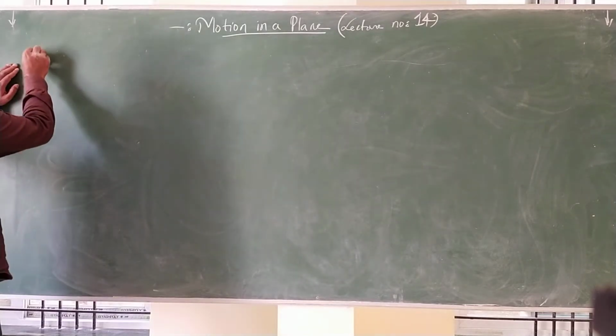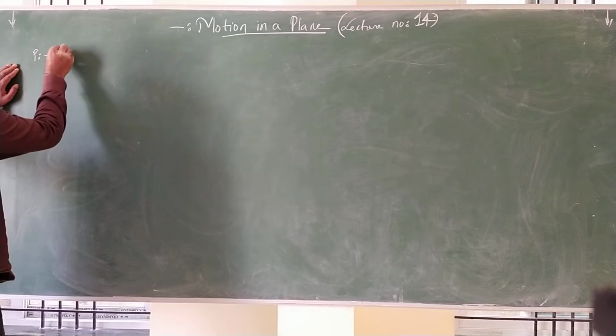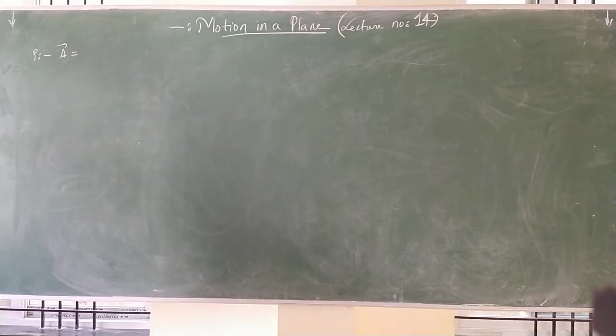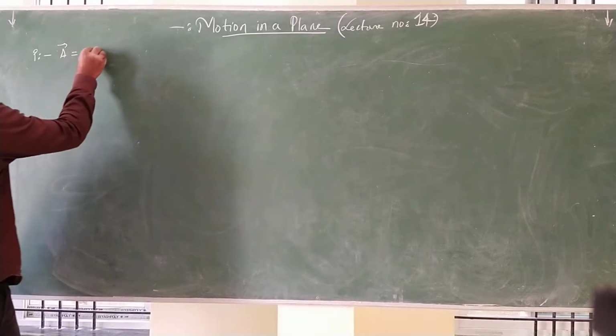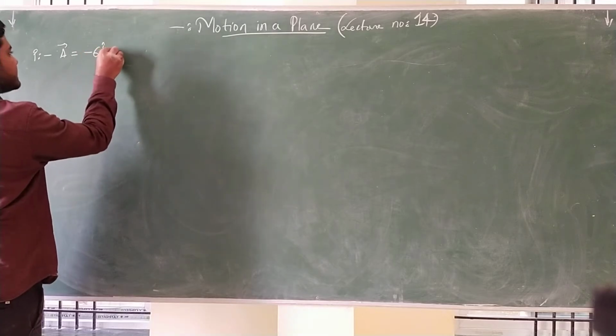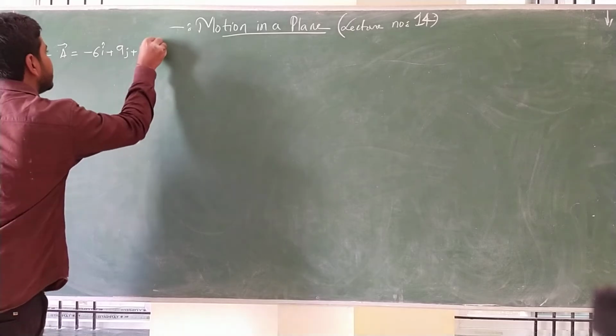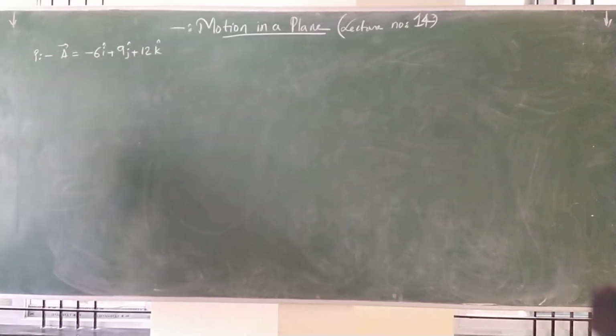So first problem, they have given vector A. What is that vector A? Minus 6 i cap plus 9 j cap minus 12 k cap.